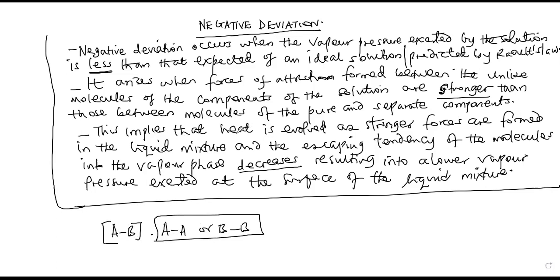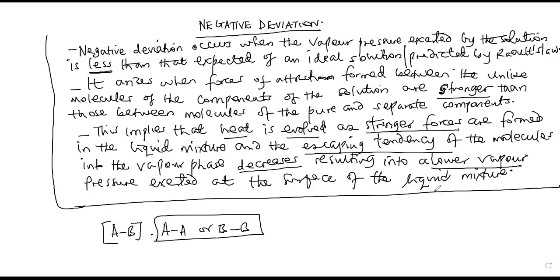Now, what does it imply? Heat is evolved as stronger forces are formed in the liquid mixture, and the escaping tendency of molecules into the vapor phase decreases. If the forces of attraction formed are strong, fewer molecules escape to the vapor phase, implying that we shall have a lower vapor pressure exerted at the surface of the liquid mixture.